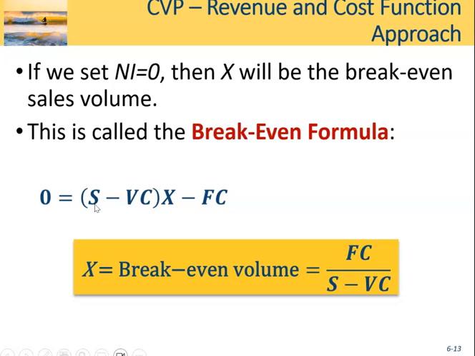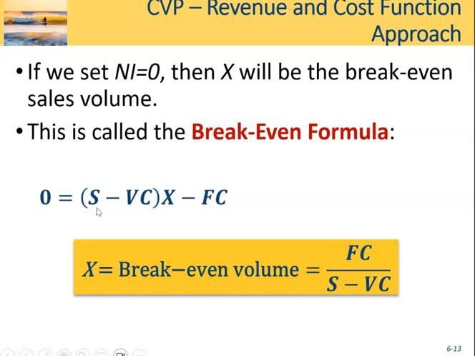So if we sell 1, what is the selling price for 1 unit minus the variable cost for 1 unit? Multiply that by the overall number of units that we sell, minus our fixed cost. But we could multiply it out, okay?